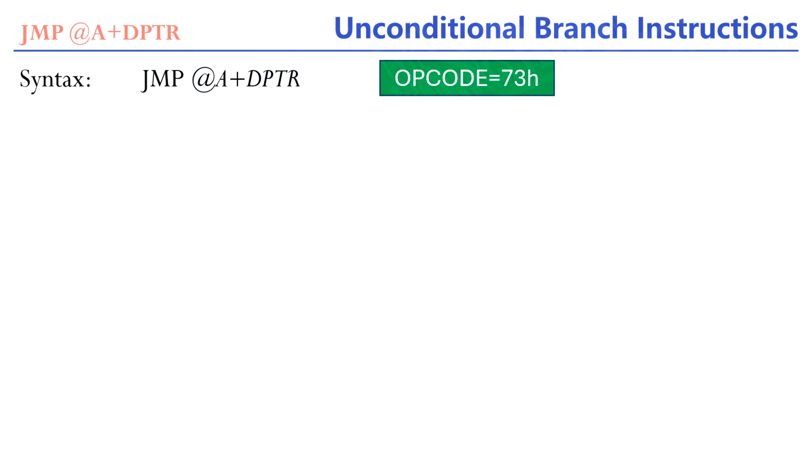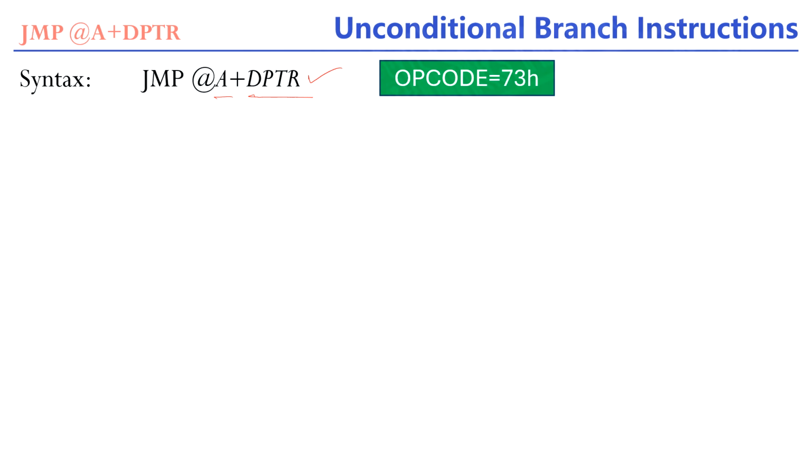Next one is JMP @A+DPTR. This is also similar to the LJMP instruction, except here the 16-bit address is indirectly specified with the help of the DPTR and A register. The opcode is only 73H, and the corresponding values we need to load before execution of this instruction.